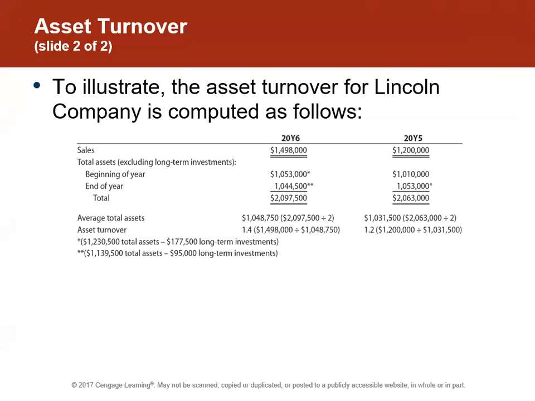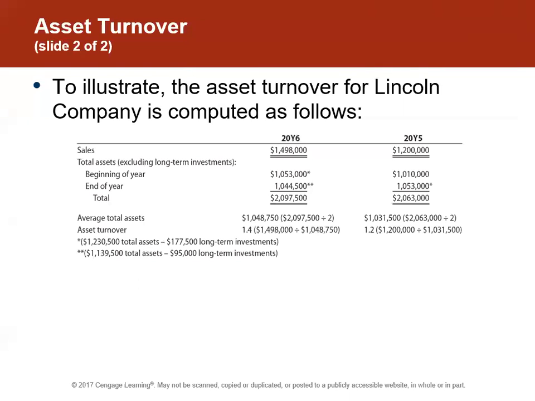They give us the beginning of the year and the end of the year. First we add those together and then divide by 2 to get an average total asset. So our asset turnover is our sales of $1,498,000 divided by average total assets of $1,048,750. It told us our total assets and our long-term investments, so to get average total assets excluding long-term investments, we had to subtract out our long-term investments.